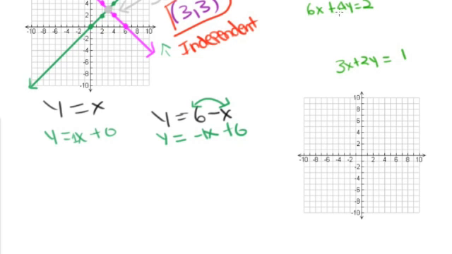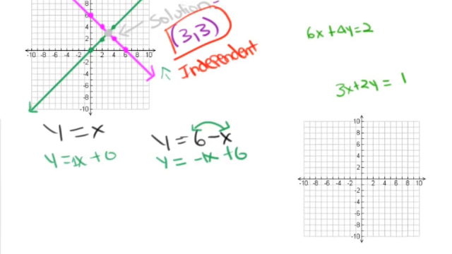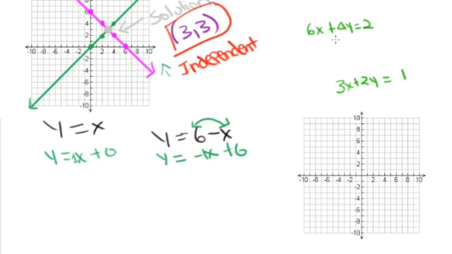If you put this into slope-intercept form, I like slope-intercept form. You can use x and y intercepts, that's totally fine, and they're usually faster. I like slope-intercept because I feel it's easier, since x and y intercepts might be fractions, and fractions are hard to deal with. So 4y equals negative 6x plus 2.